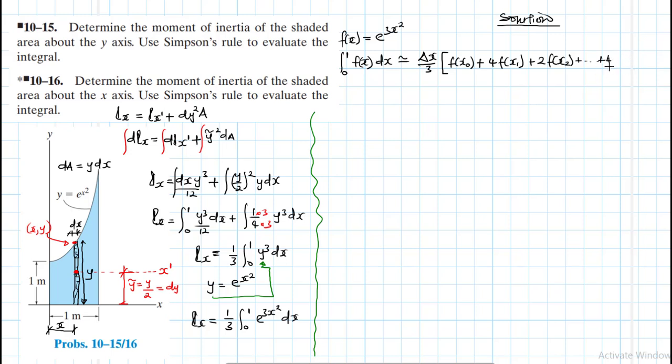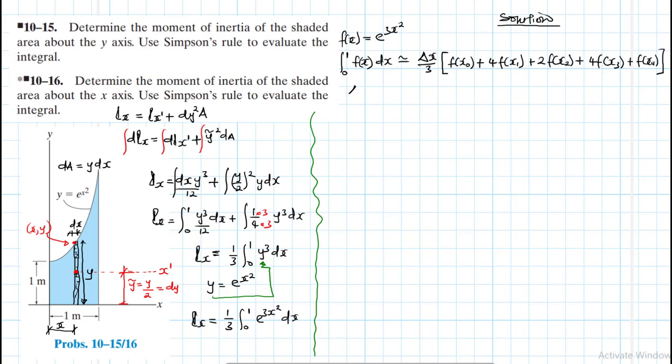We can go on, but in our case we are going to use n equal to 4. So I'll write the full expression: 4, 2, 4, and then plus f of x4.